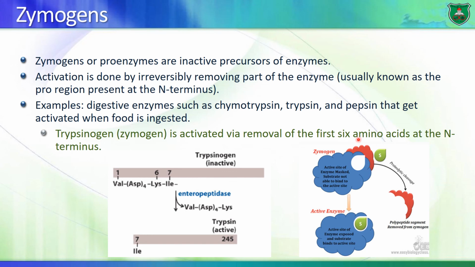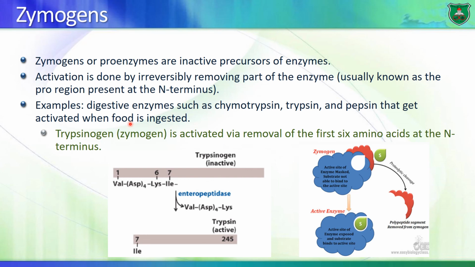When the enzyme is activated by cleaving off this little portion of the protein, the active site becomes open and substrate can get into it. Good examples of these zymogens are digestive enzymes, enzymes that help us in digesting food.